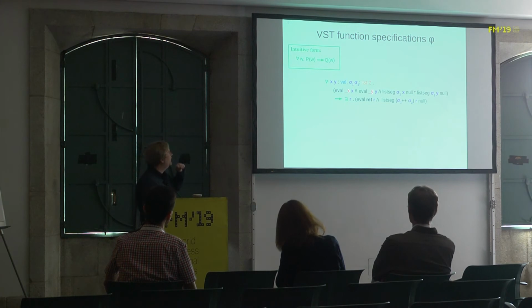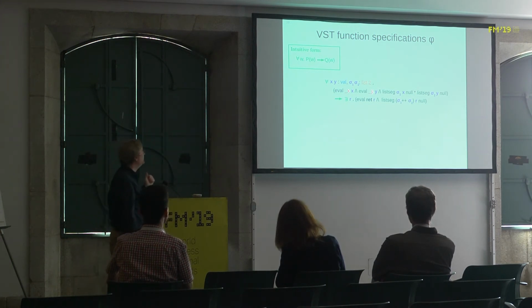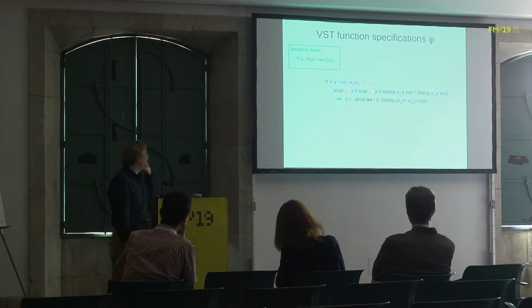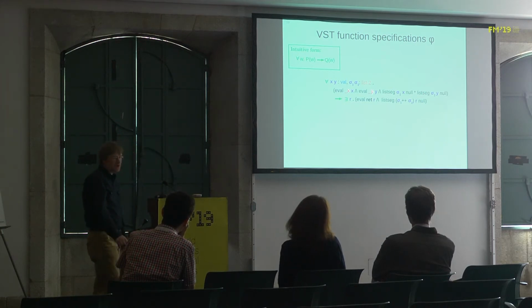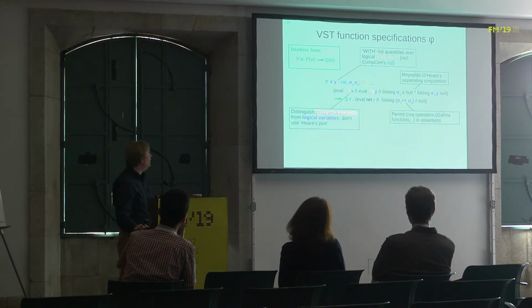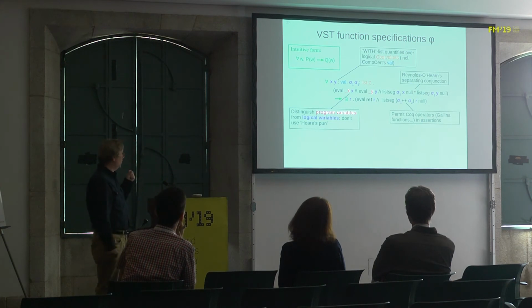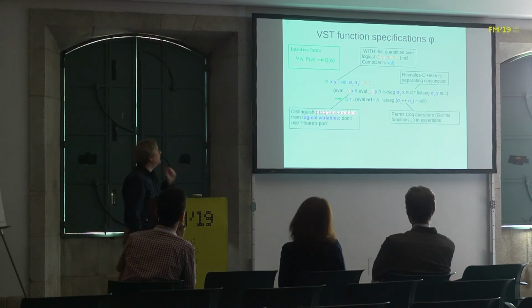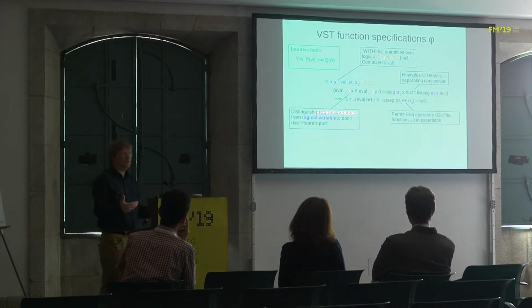So here we have, in the first line, what we call a universally quantified list. We also call it a with list. That will come up in a second. So here we quantify over various items, and these can be of different types, and these are Coq types.